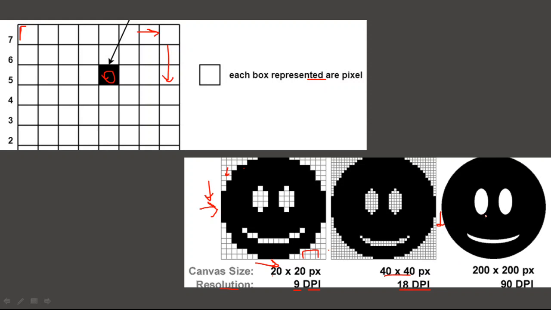Now coming to the third image, its resolution is 90 dpi, that means 90 dots per inch, and canvas size is 200 by 200 pixels. That means the rows and columns have 200 pixels on each side. Look, this image is much clearer than both of these just because its resolution is high.